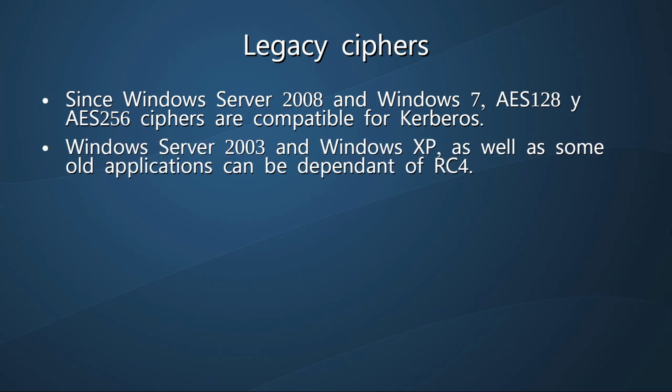Earlier operating systems do not support these ciphers, so Windows Server 2003 or Windows XP do not support AES. That could be one of the reasons why Microsoft has not yet completed the phase-out of RC4. Third-party applications can still use RC4 as well, and that is another reason why RC4 is still there.